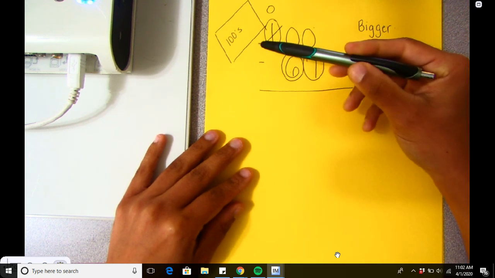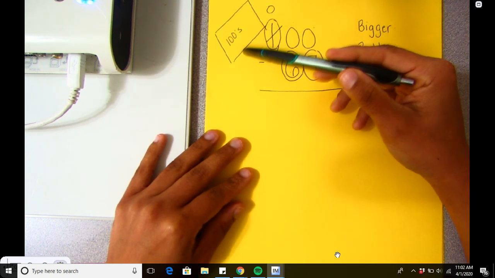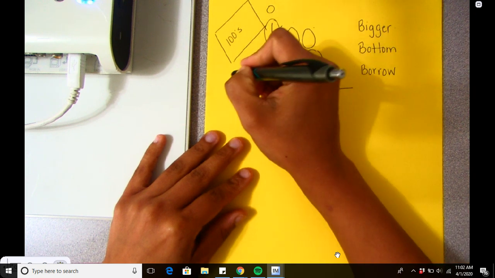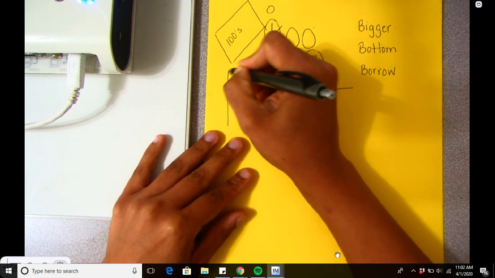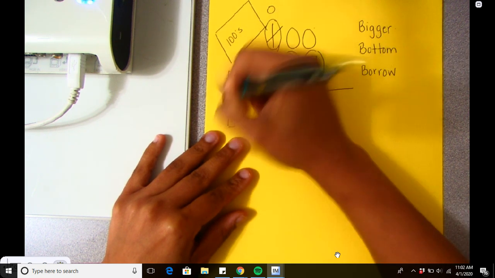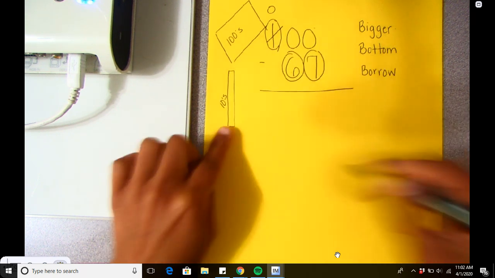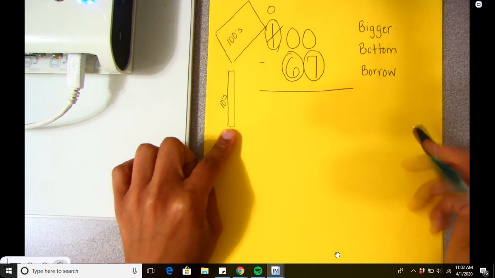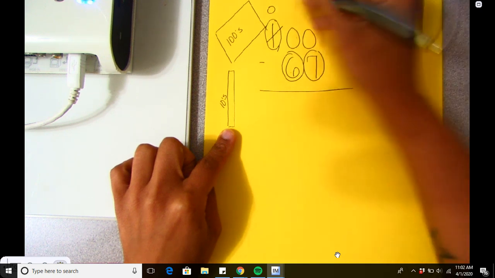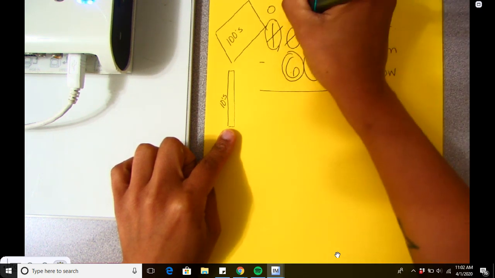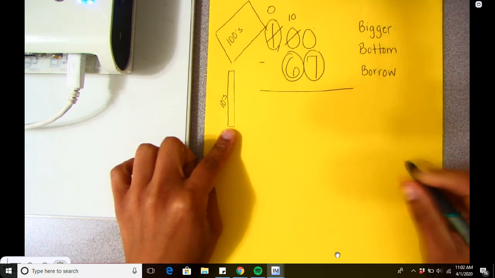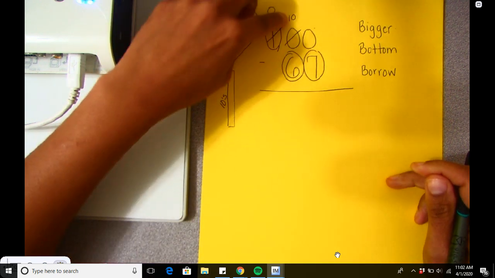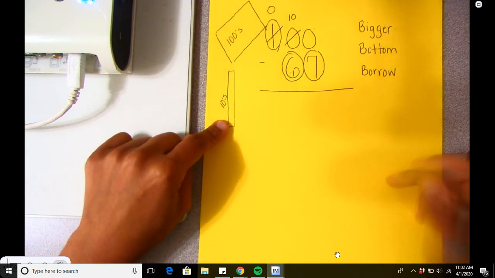When I take away that 100, I'm breaking it up, and that 100 was made up of 10 of our 10 rods. So that means I'm giving 10 tens here. So that's where that 10 comes from. We broke up that 100 and gave that 0, 10 of these.